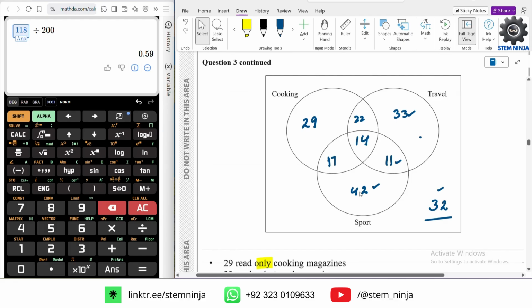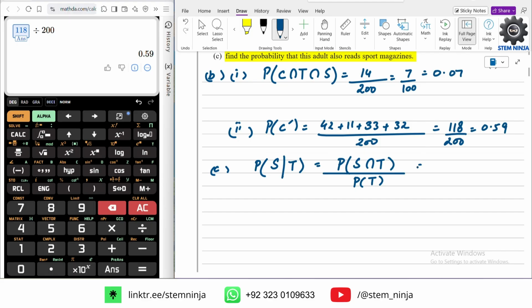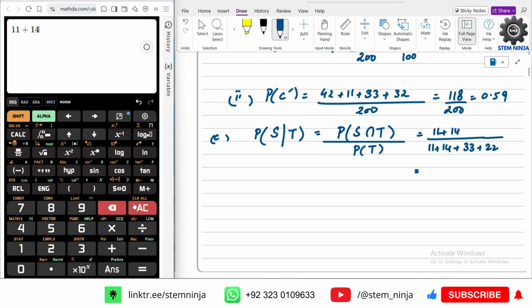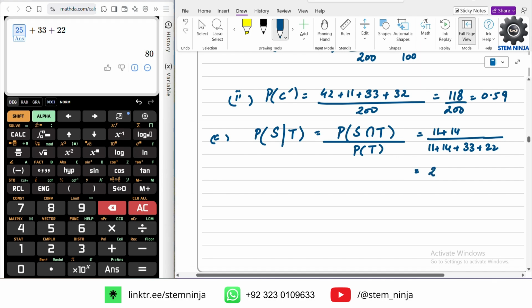So this would be 11 plus 14 divided by travel. 11 plus 14 divided by 11 plus 14 plus 33. There was one more I forgot, 22. So 11 plus 14 is 25. So 25 plus 33 plus 22 is 80.